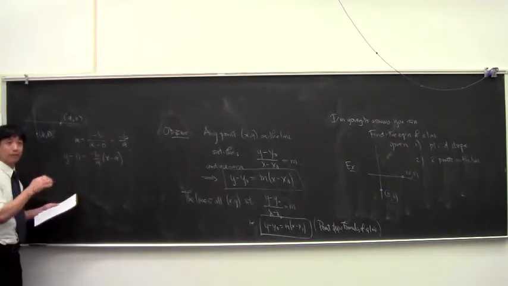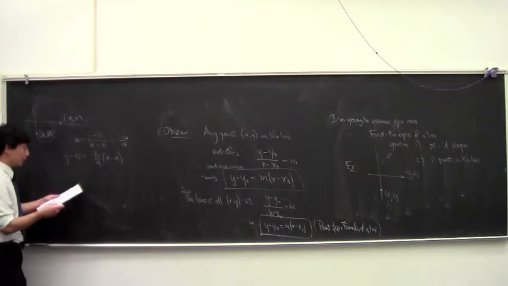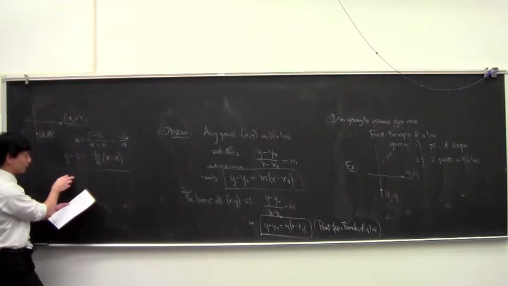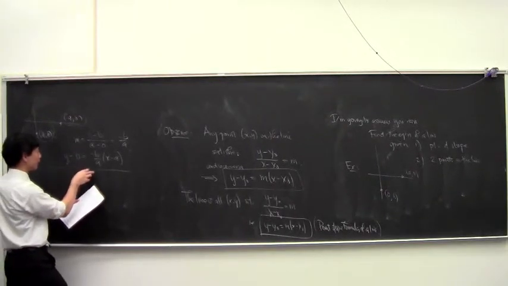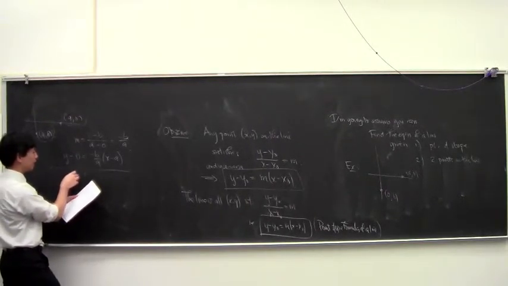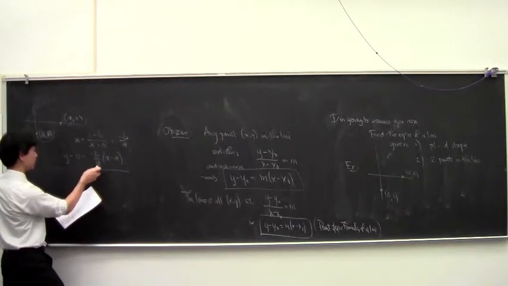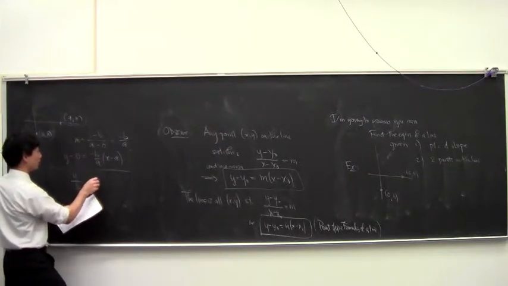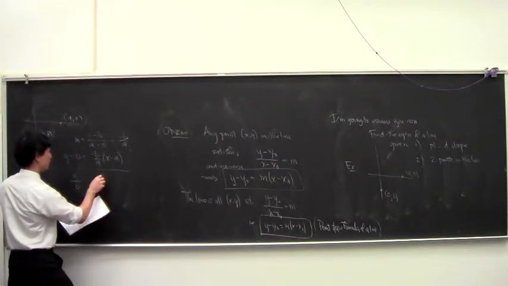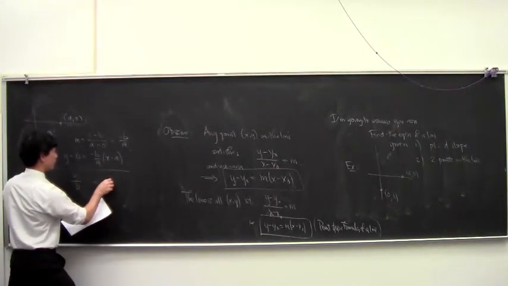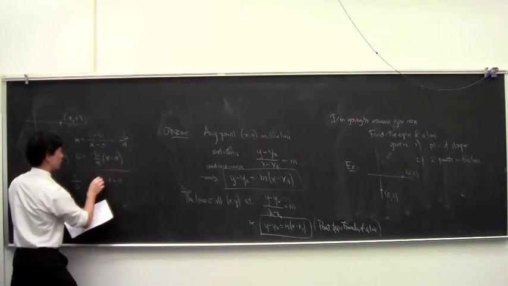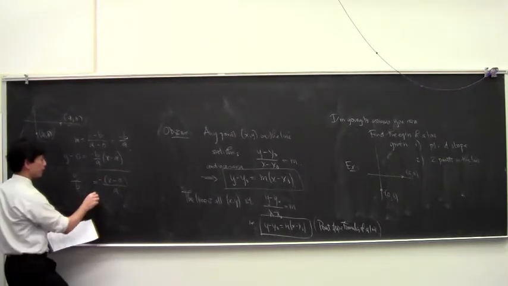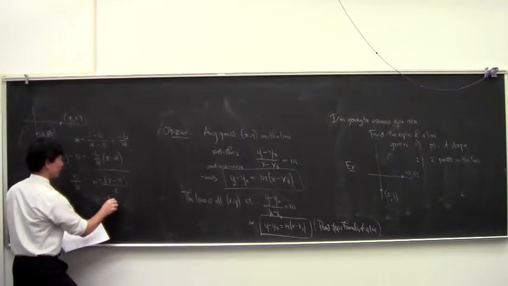Okay, great. Let me go a little bit further, just to bring out one thing. Let's divide both sides by b. Y over b equals negative x minus a over a. That's to say negative x over a plus 1.